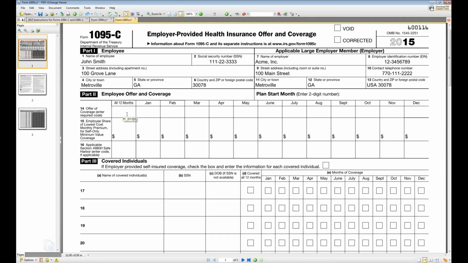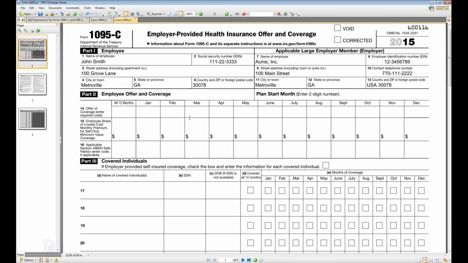You'll see, just as we saw in the 1094C, that there's an option to report for all 12 months, the first column, and then an option to go month to month. For situations where John Smith's status was the same all year, and neither his employee status, nor the cost of coverage, nor whether he enrolled or waived changed all year, we can complete all 12 months.